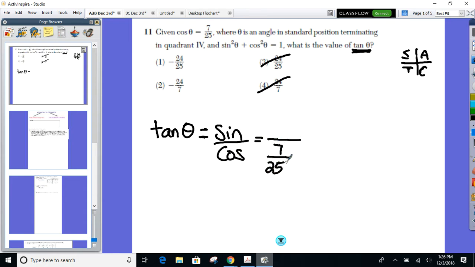What we need to find is sine. What are we going to use? Actually, you know what? The more I think about this, I don't know if we really need to use this. I don't, guys, because what quadrant are we in? We're in quadrant 4. Everyone remember how to make a right triangle in quadrant 4?